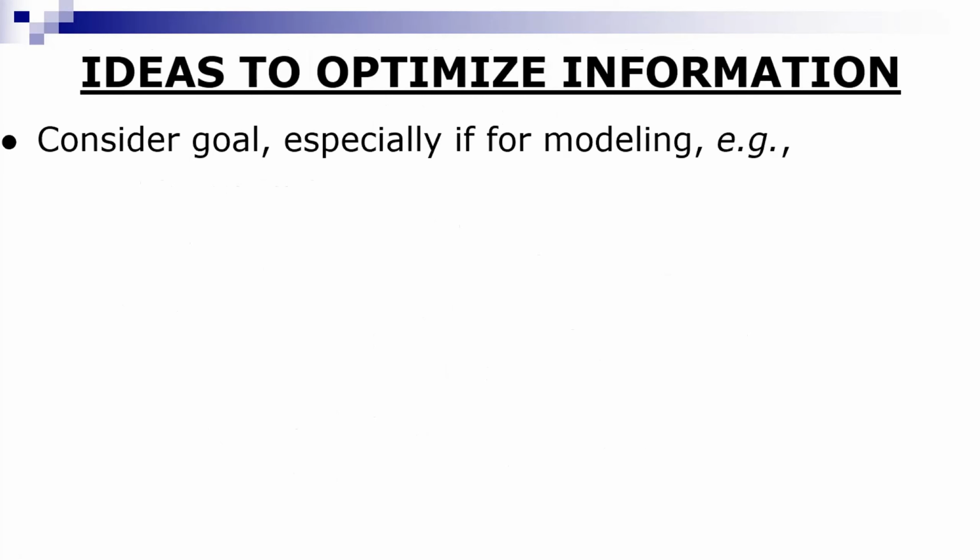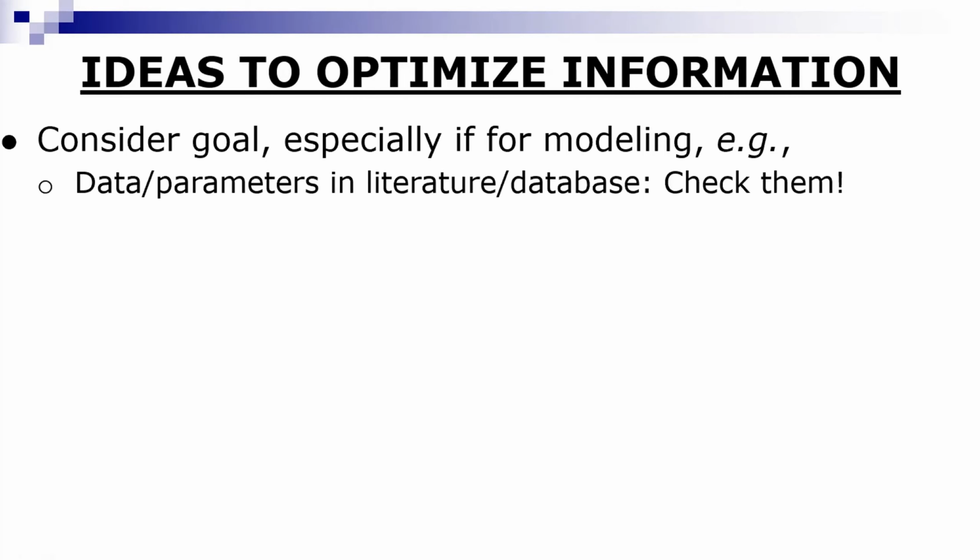So what are the ways in which I encourage you to do model formulation? Well, for one thing, remember what you're trying to get. If there are data and parameters in the literature, check them. You might run into one of those 30% papers.